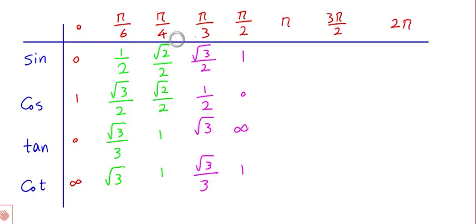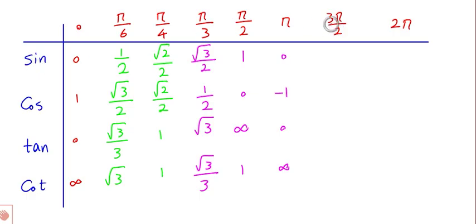Pi, sine of pi is equal 0 and cosine of pi is equal minus 1. Tangent of pi is equal sine of pi divided by cosine of pi, is equal 0, and cotangent of pi is equal undefined. 3 pi over 2.